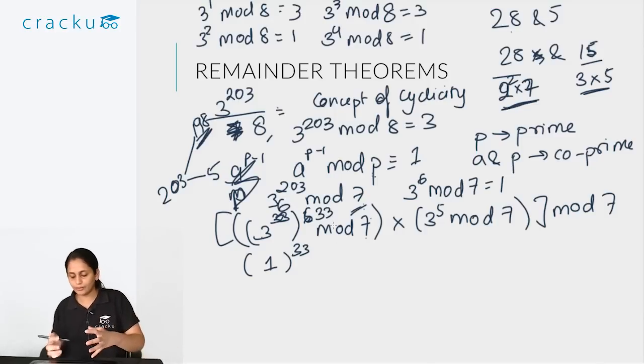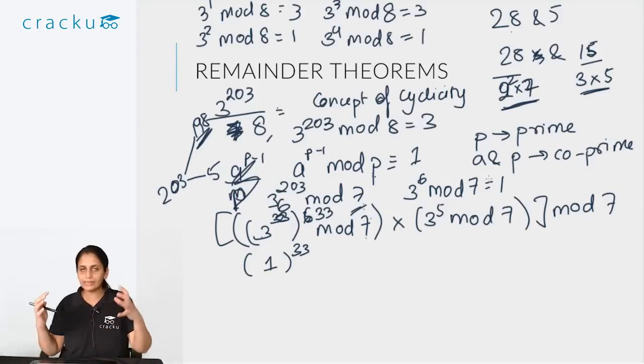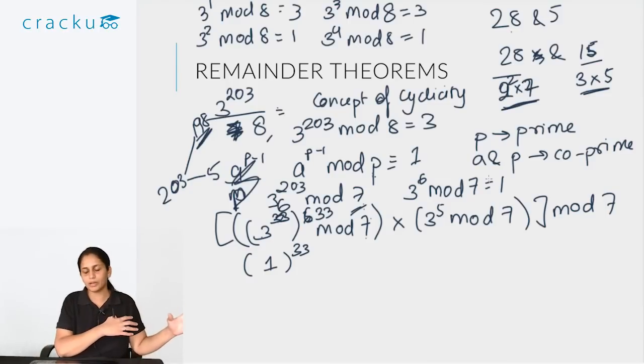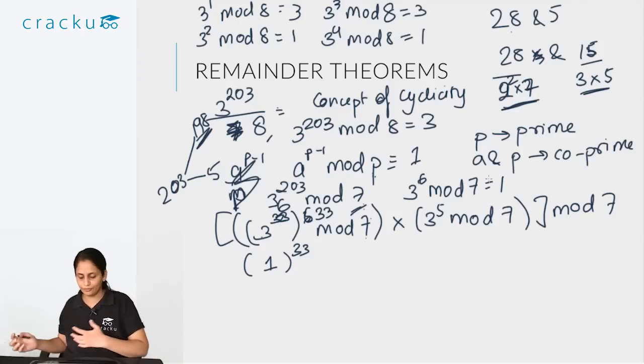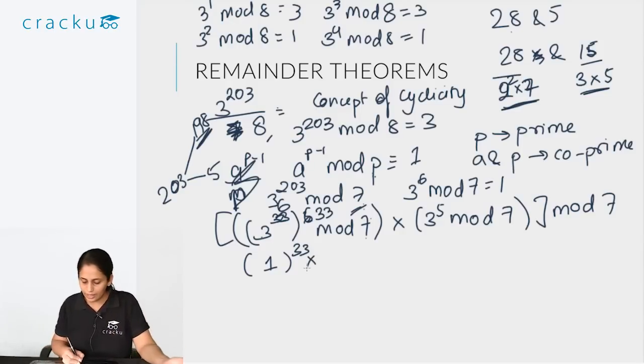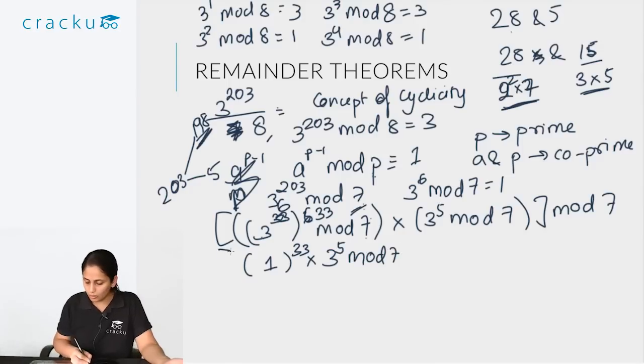So first, 3 raised to 6 mod 7 is 1. So I then take the highest multiple of 6 out of the overall index that the number has been raised to, and I say that is 1. I remove all of that part and whatever remainder is left. So I have 1 raised to 33 into 3 raised to 5 mod 7, the whole mod 7.